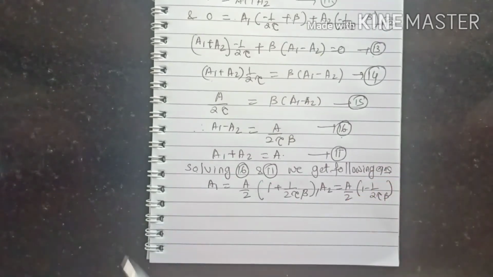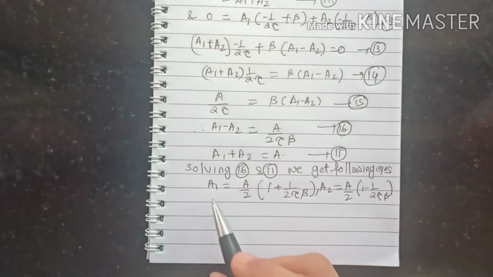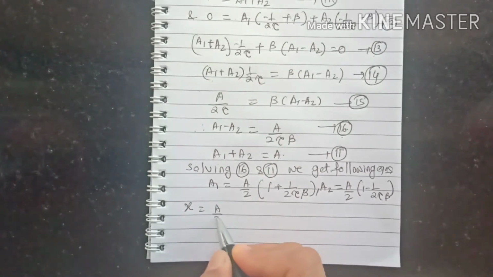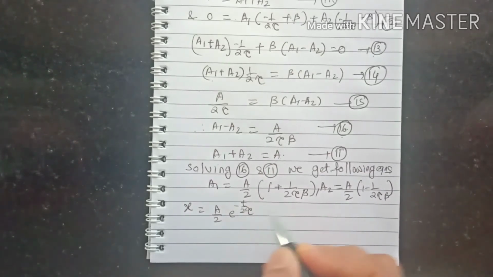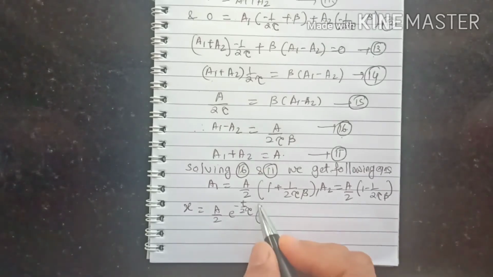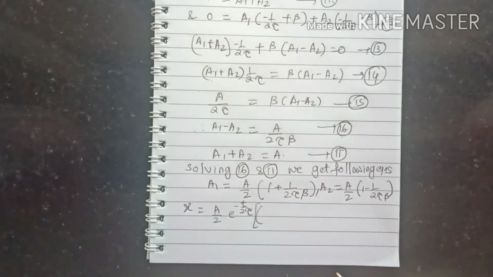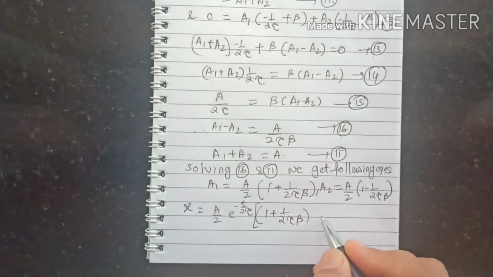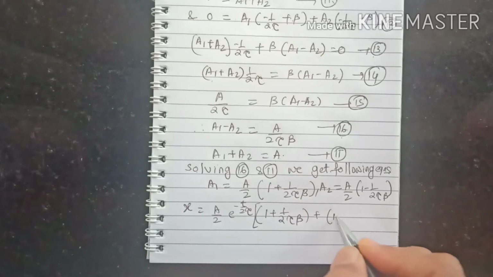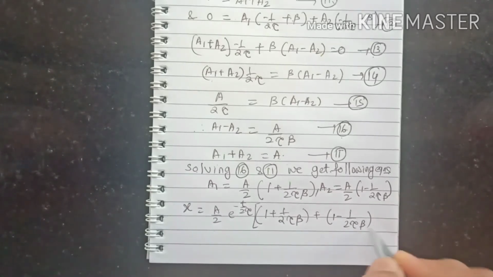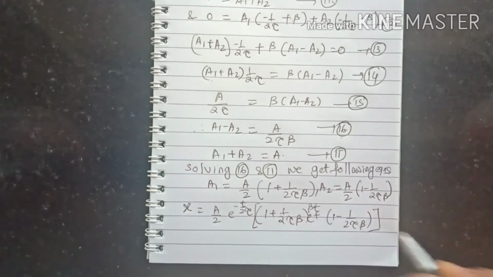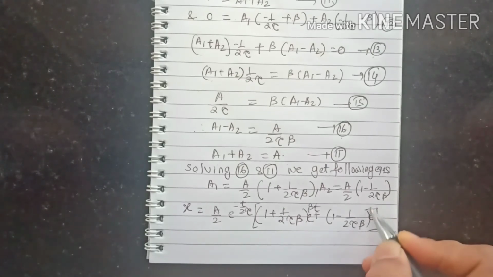So we got a1 and a2, and we can substitute them into x finally: A by 2 e raised to minus t upon 2 tau. Substituting a1 and a2, in bracket, because A by 2 will be common here, you get 1 plus 1 upon twice of tau beta, correct, plus 1 minus 1 upon twice of tau beta, and that is e raised to beta t, and this is e raised to minus beta t.